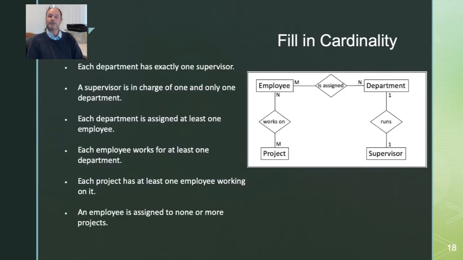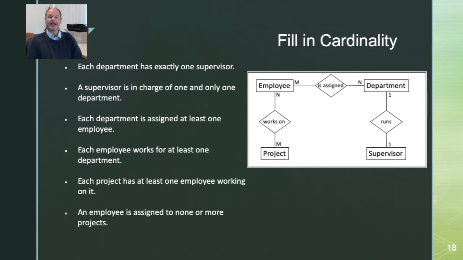From the description of the problem, we see that each department has exactly one supervisor. A supervisor is in charge of one and only one department. Each department is assigned at least one employee. Each employee works for at least one department.